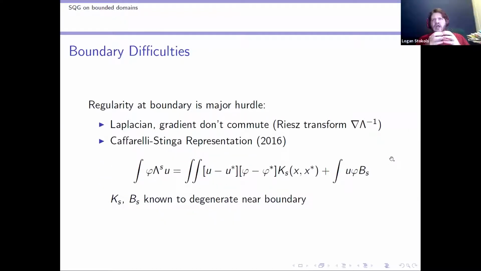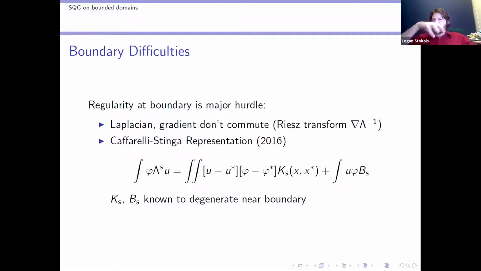Obviously in the interior, this model will look pretty similar to the global equation on R2 and on the torus. But as you get closer to the boundary, things become more exotic. One way to see this is that the Laplacian and the gradient commute, but the Dirichlet Laplacian does not commute with the gradient.